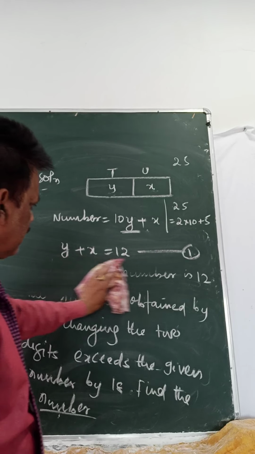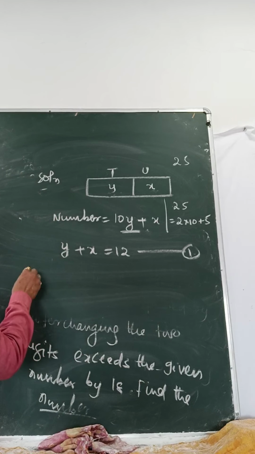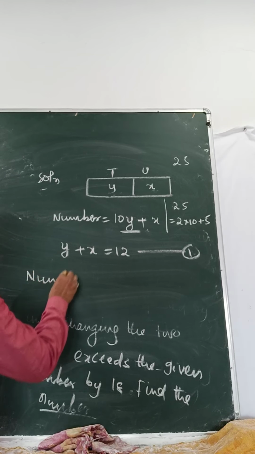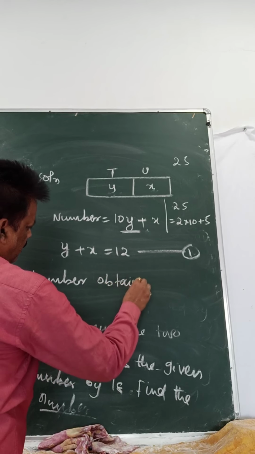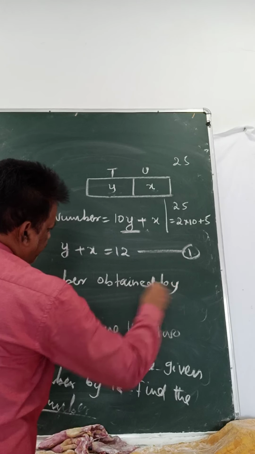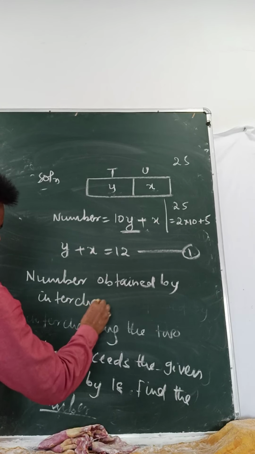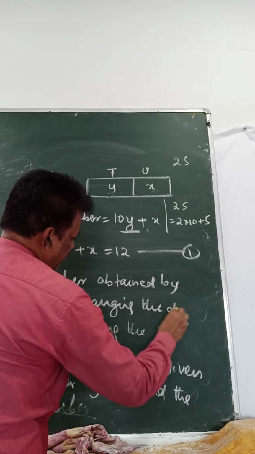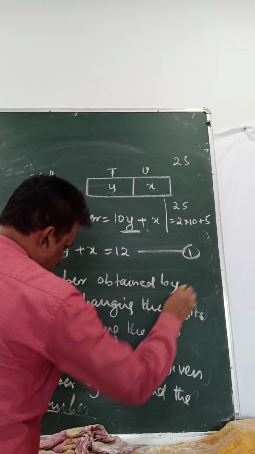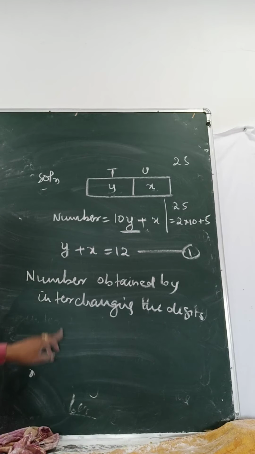Now the number obtained by interchanging the digits. So what will be that? Look again.